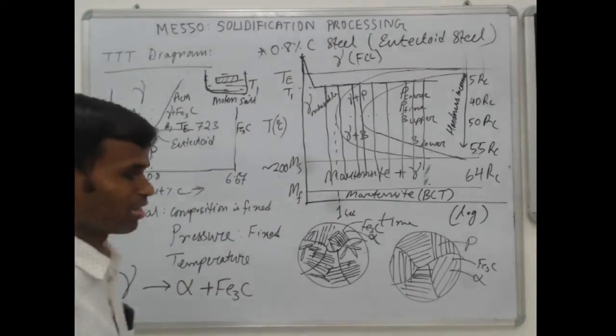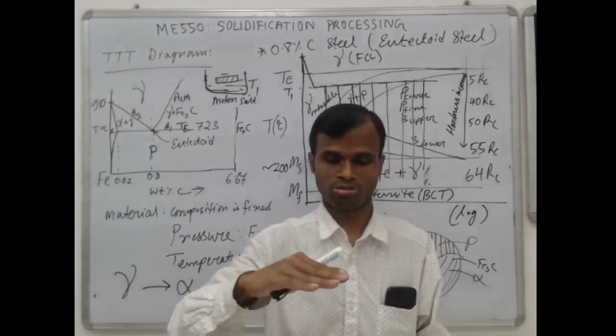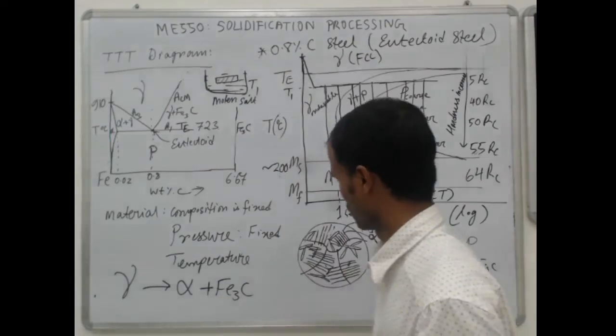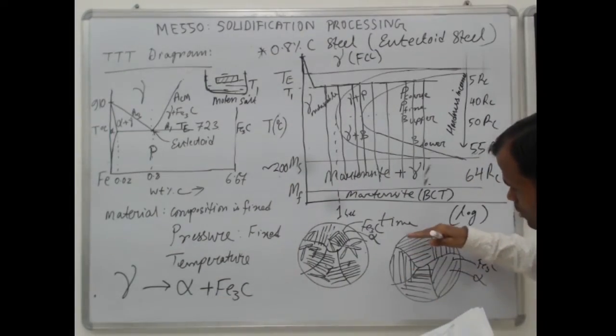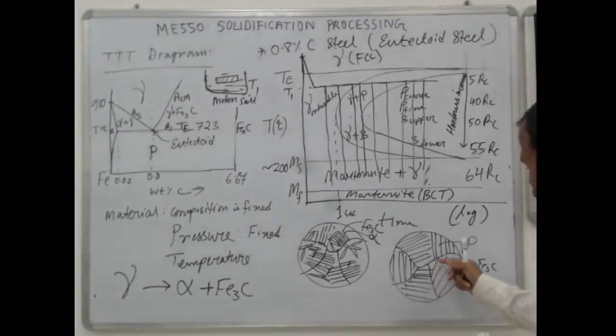These are parallel lamellar plates of cementite and ferrite. This kind of alternating arrangement of cementite and alpha ferrite is known as pearlite. Here what you get is 100% pearlite.